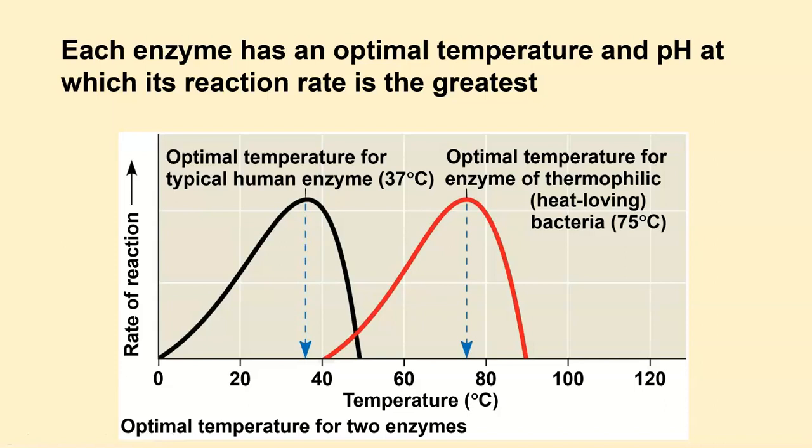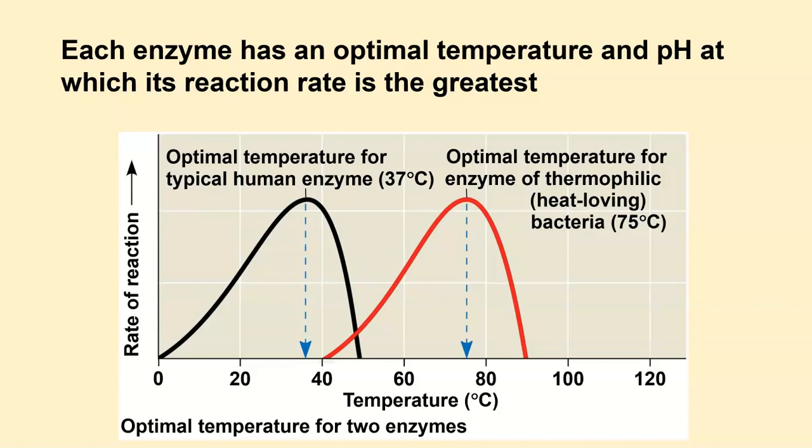Similarly, the same trend is seen for the thermophilic, heat-loving bacteria, except the whole graph is shifted to start at 40 degrees Celsius, which is pretty high for us and perhaps fatal for the human body. Their optimal temperature is about 75 degrees Celsius. And then again, after that point, when it's too hot, there'll be a decline, and the bacteria can't even survive really beyond 80 or 90 degrees Celsius.